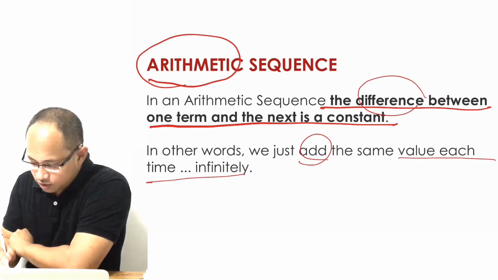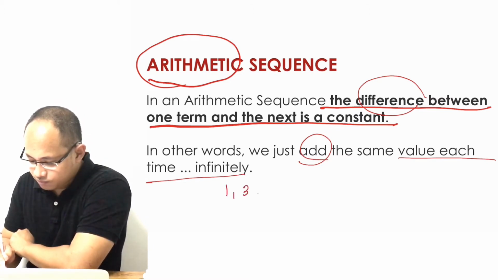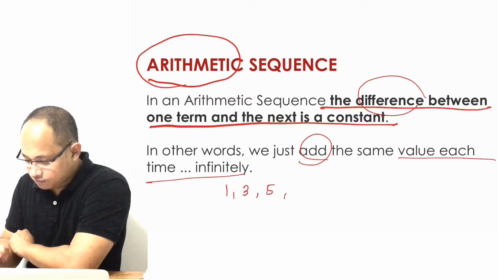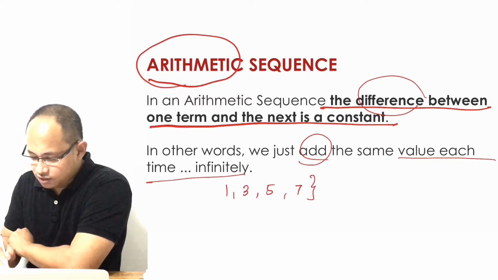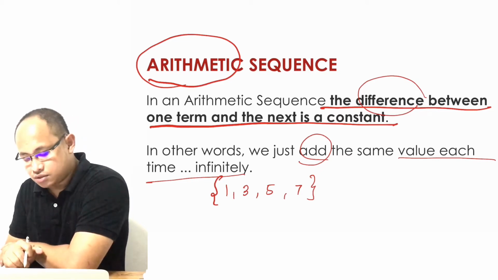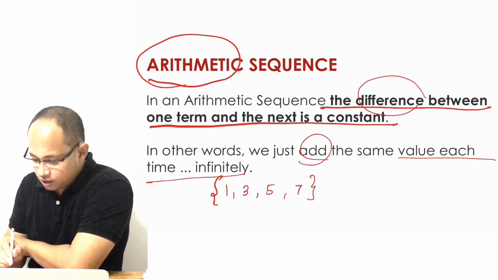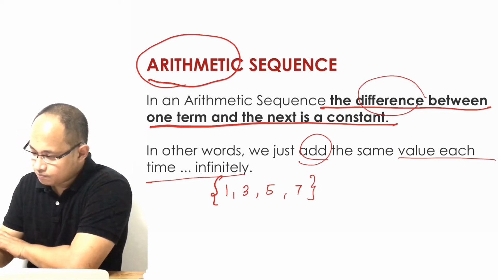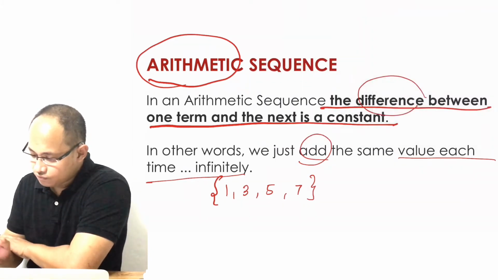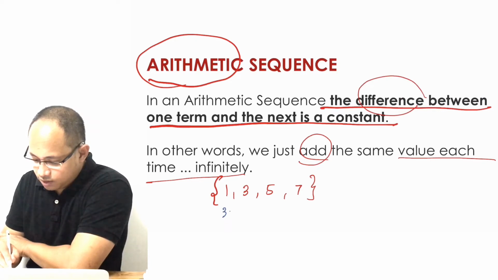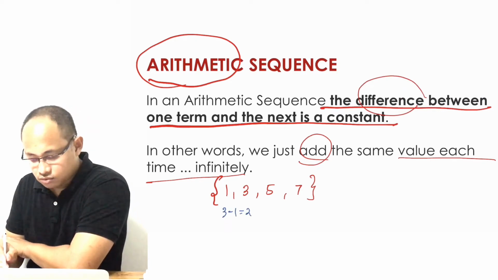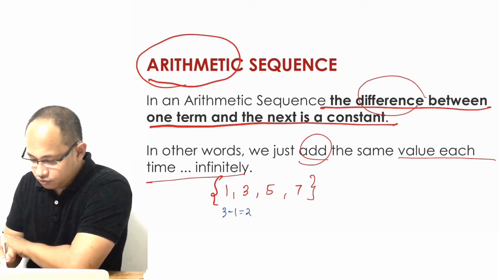For example, if I have 1, 3, 5, 7, in this notation, 3 minus 1 is equal to 2. So the difference here, and if you combine this, 5 minus 3 is equal to 2.